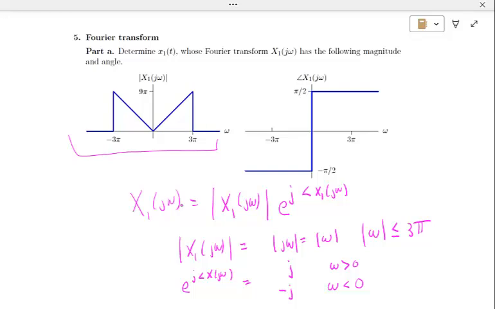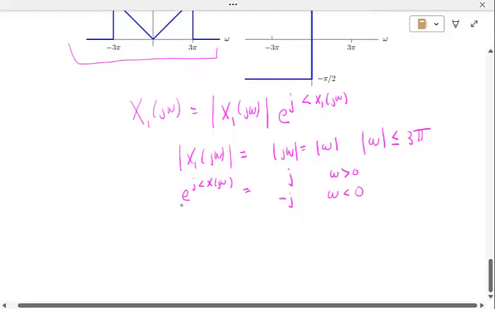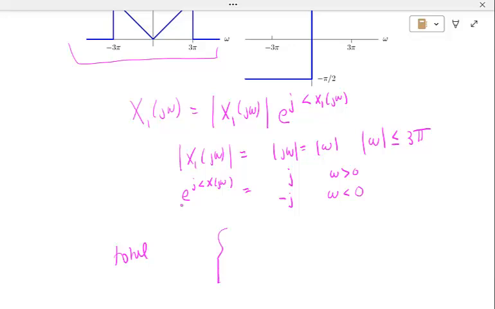So what's happening here? My total result is j times the absolute value of omega when omega is greater than 0, and minus j times the absolute value of omega when omega is less than 0, for the absolute value of omega less than or equal to 3 pi.